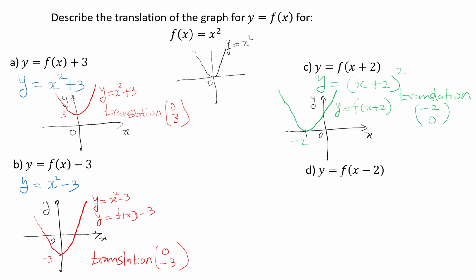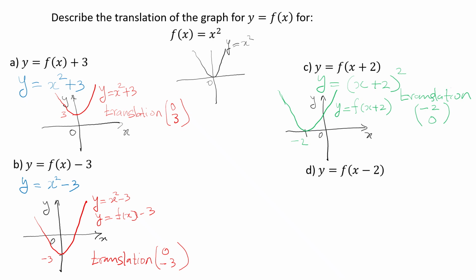When inside the bracket the constant is positive 2, the graph moves to the left side, the opposite direction. So negative 2, it moves to the negative side. It means the graph moves horizontally, left or right.